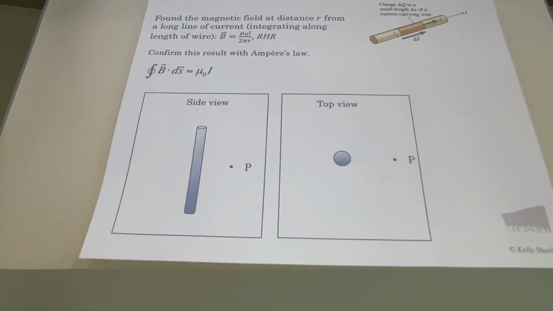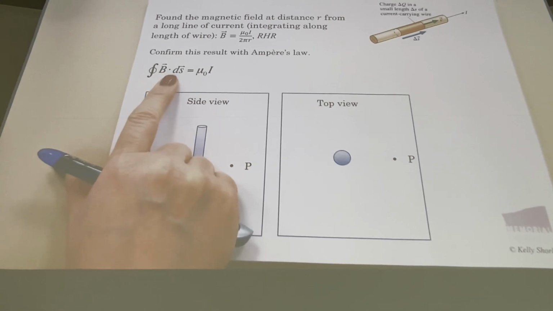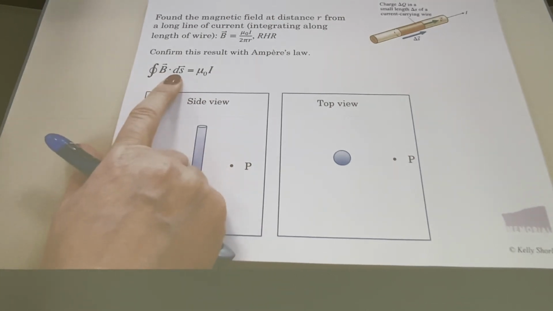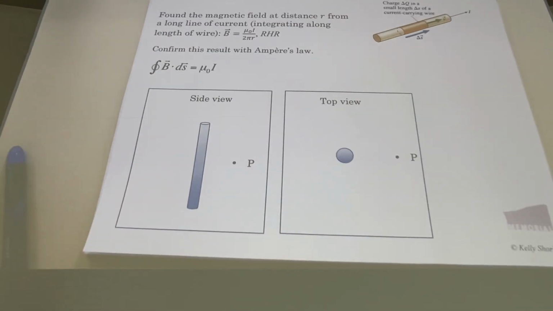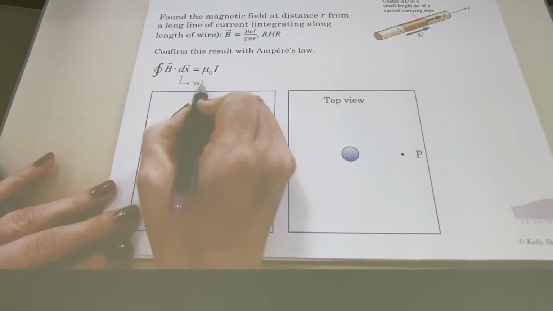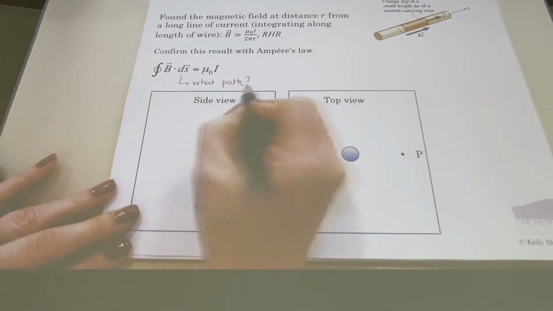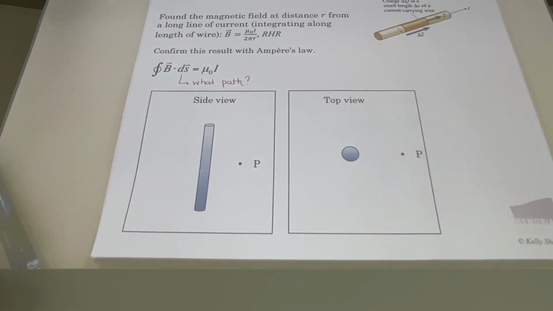As we get started, our Ampere's law says that the integral of B dot ds, the first thing we need to figure out is what do we choose for our path. The path is really important. We know that the magnetic fields around current carrying wires make big circles around the wires.